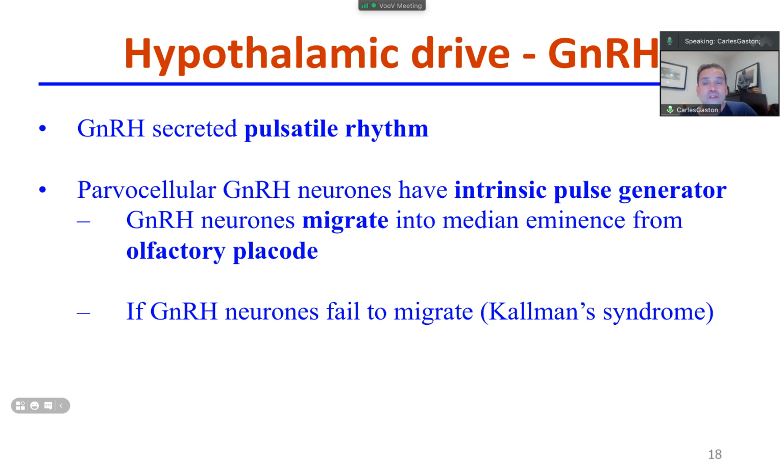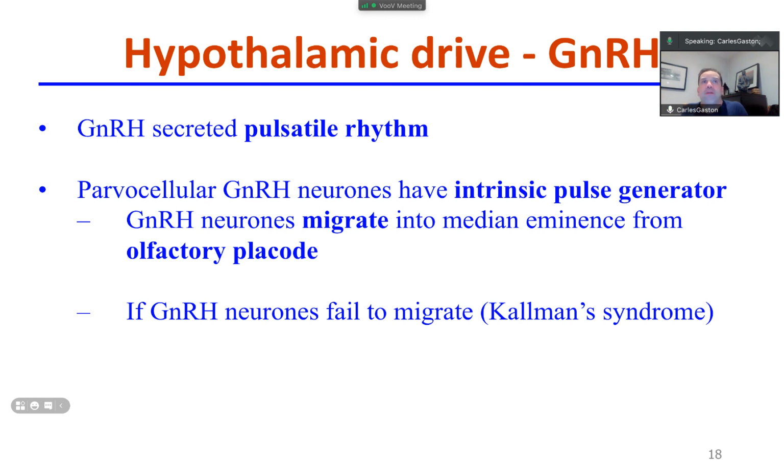Remember that the gonadotrophin releasing hormone neurons are not born in the hypothalamus, but they migrate from the nasal placode into the hindbrain, into the brain, and then they settle in the median eminence, where they project axons, and these axons will be in contact with the portal system, and these ones will release the gonadotrophin releasing hormone that will contact the pituitary gland.